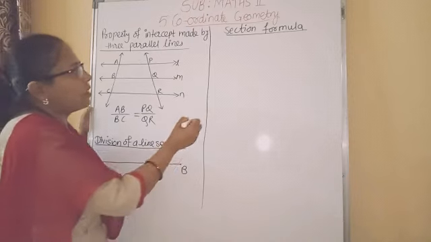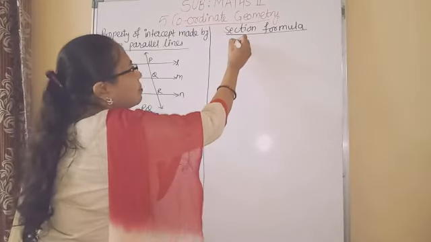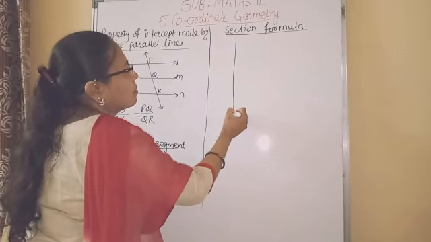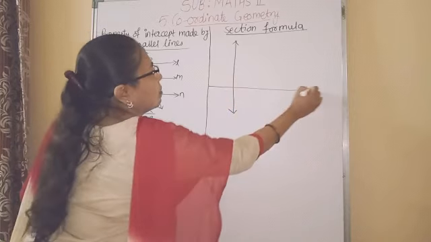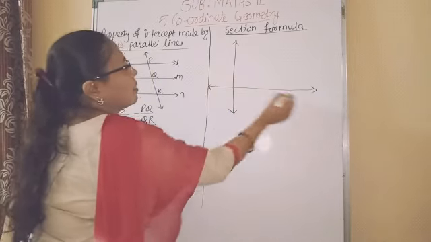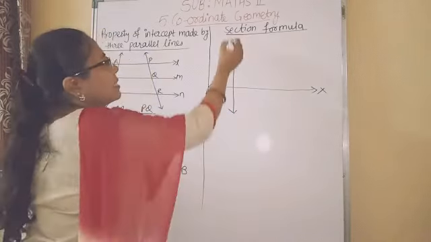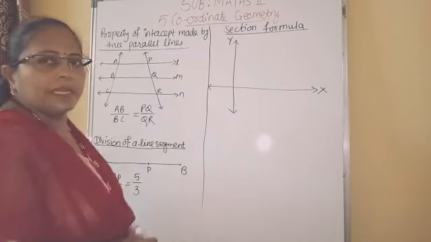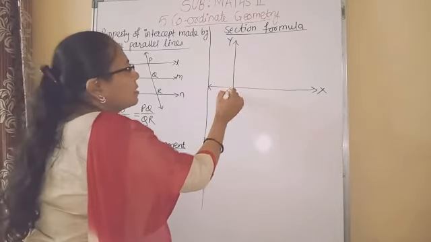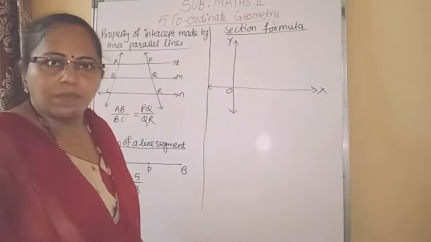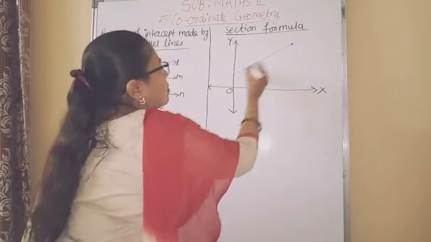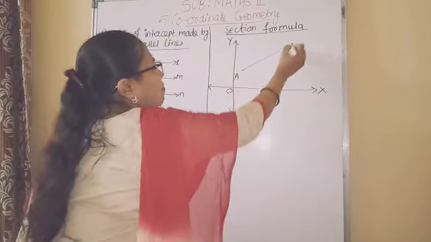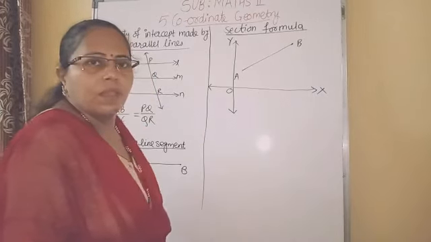For that we have to use the coordinate system. This horizontal line is the x-axis, the vertical line is the y-axis and their intersection is the origin. Now suppose there is a line segment AB here.